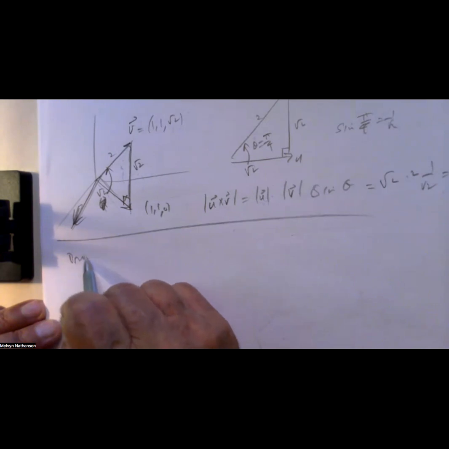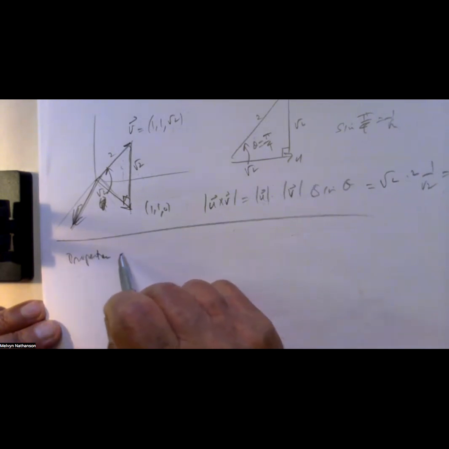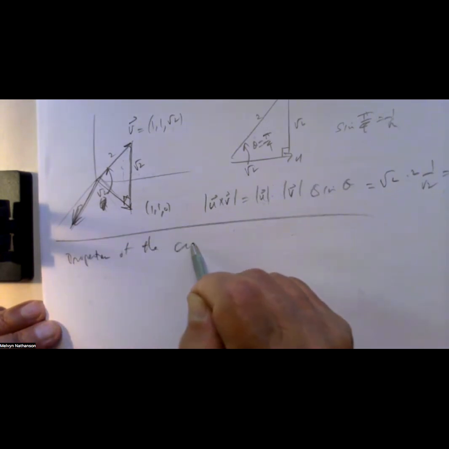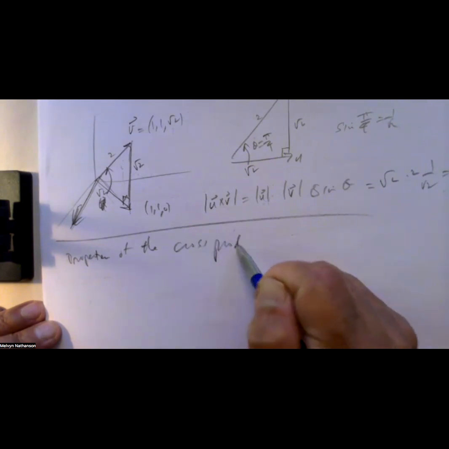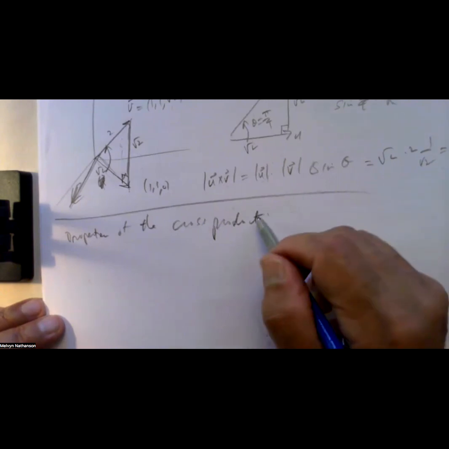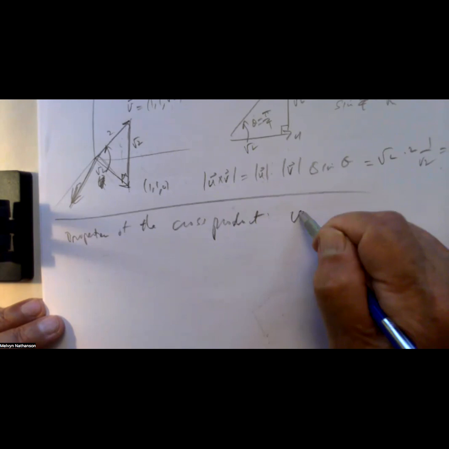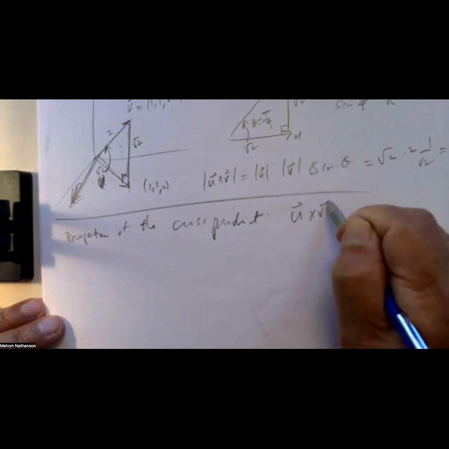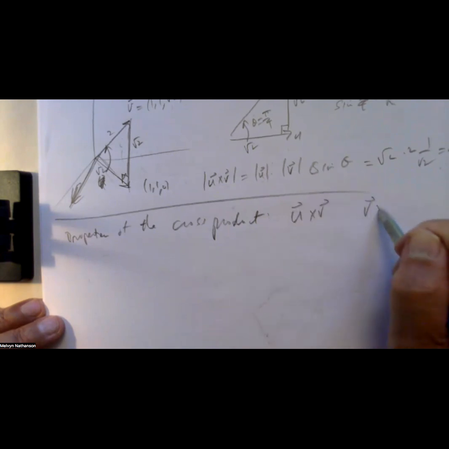There are some very nice properties of the cross product. First is that it's sort of anti-commutative. If I take u cross v, and I take the vector v cross u, the lengths of these two vectors are the same: length of u, length of v, times the sine of the angle between them.